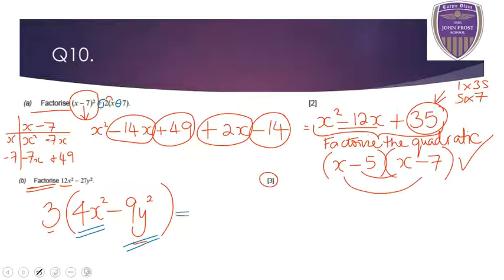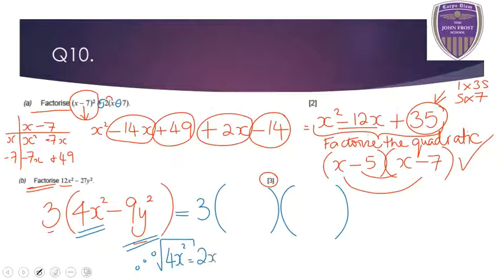So we've still got 3 outside, but you split it up into 2 brackets. What is the square root of 4x squared? Just do my thinking down here. What is the square root of 4x squared? Well, that would be 2x. And what is the square root of 9y squared?